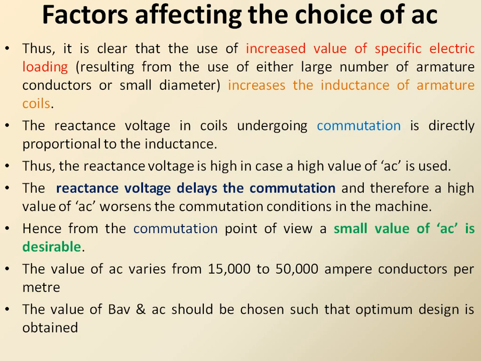This will result in delayed commutation, which is not a desirable effect. Considering all these parameters, the value of AC ranges from 15,000 to 50,000 ampere conductors per meter. You must remember the range of AC and the range of specific magnetic loading.